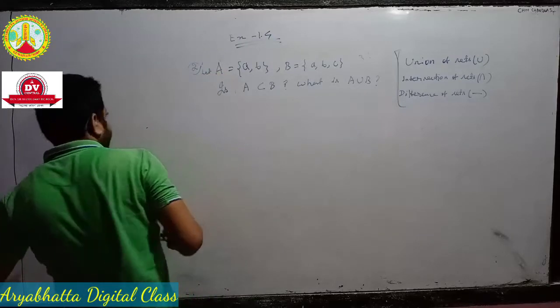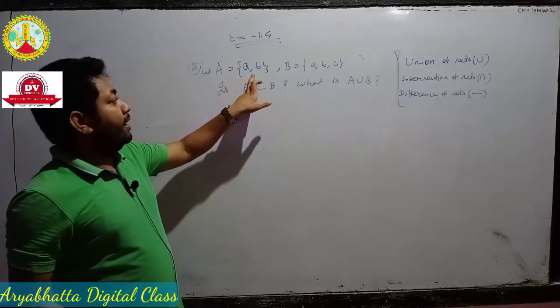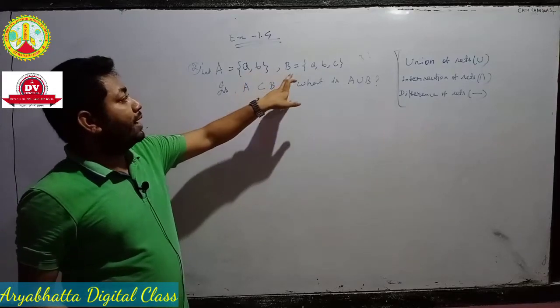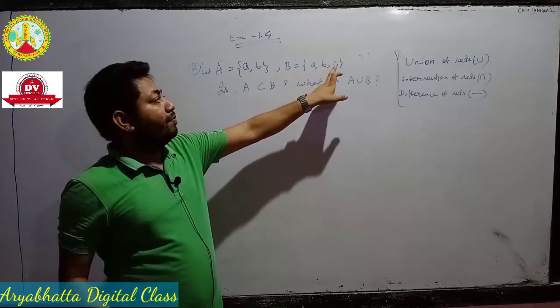Question number 2. Let A be the set with elements a, b, and B the set with elements a, b, c.